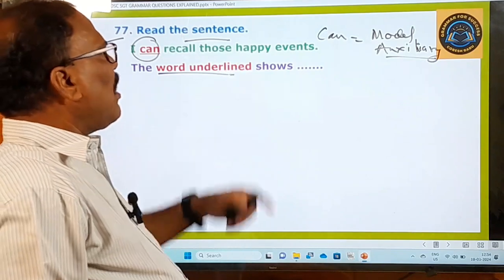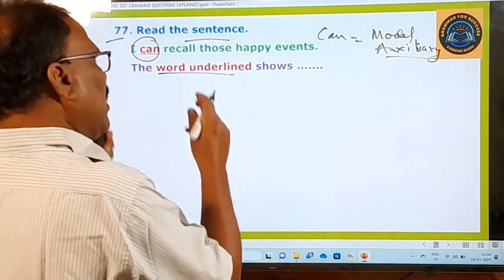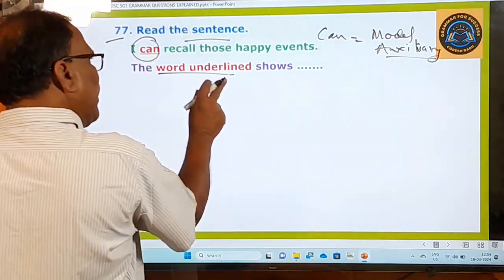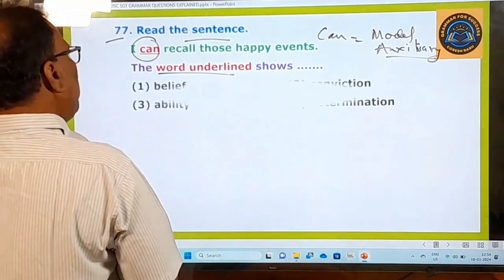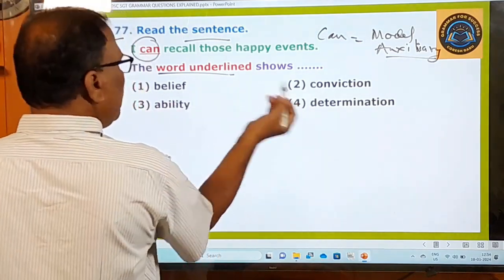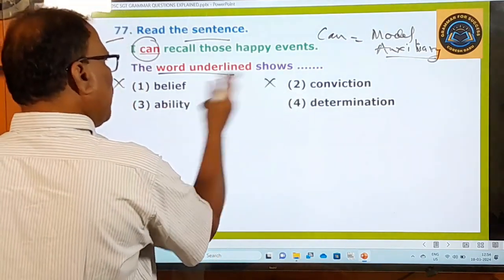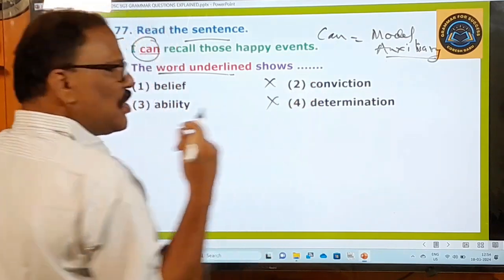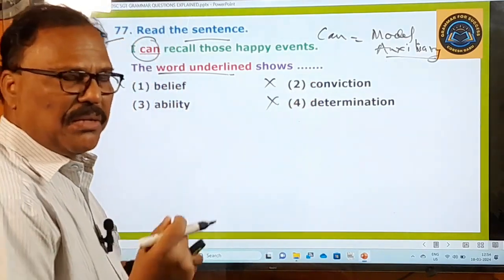So what does this modal auxiliary indicate? This modal auxiliary always indicates the present ability. Belief is nothing but conviction. Conviction is nothing but belief. So these are not right. Determination, a strong decision, is called determination.